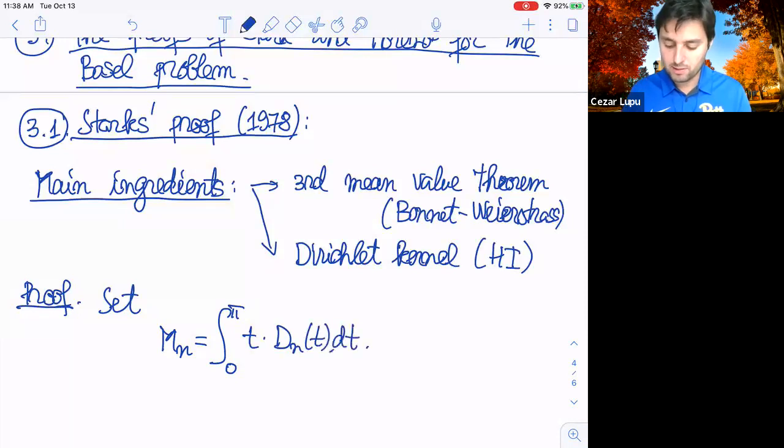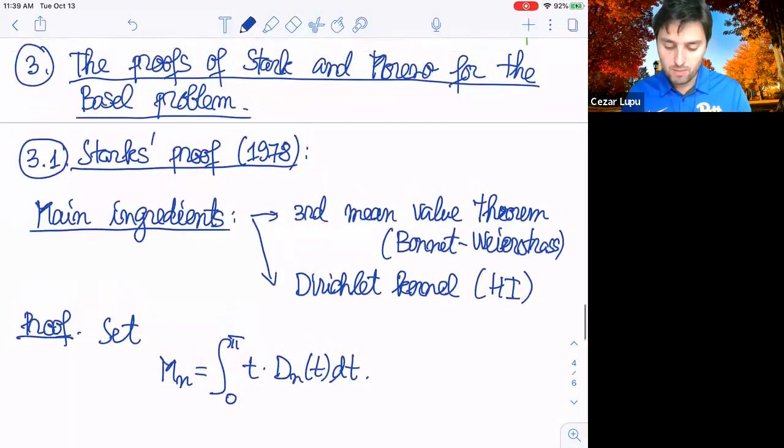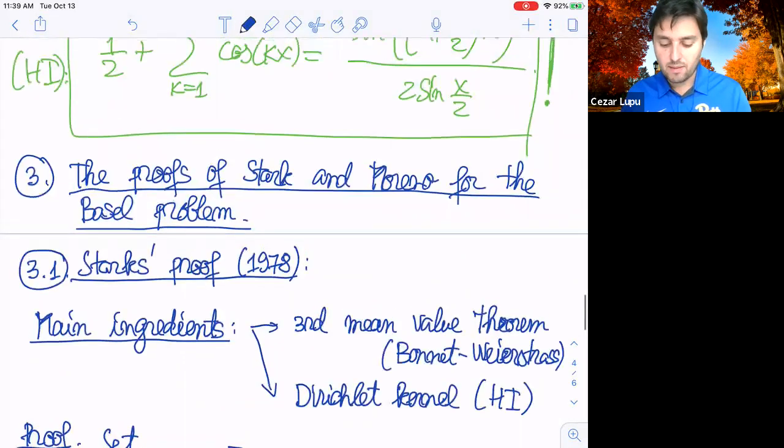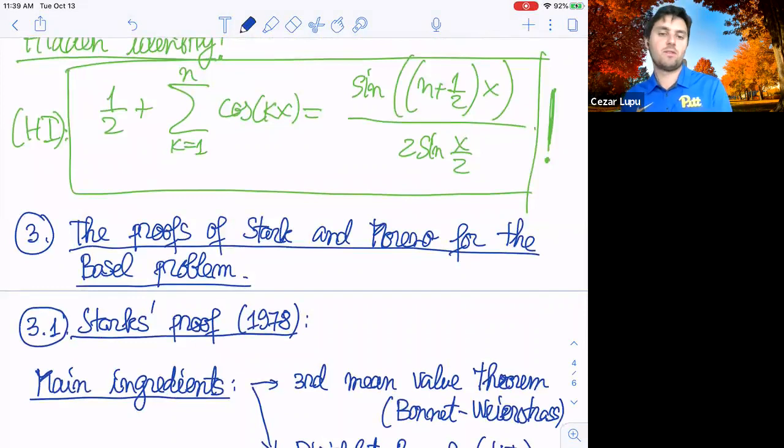So I want to consider this integral. And now here is where the identity will come into play. You see, both of these are the Dirichlet kernel, and I can write it in two ways.